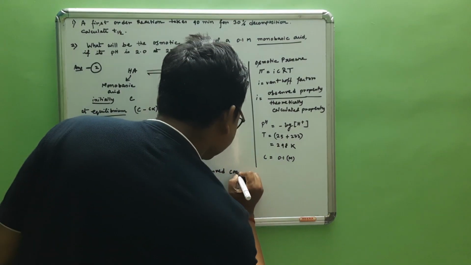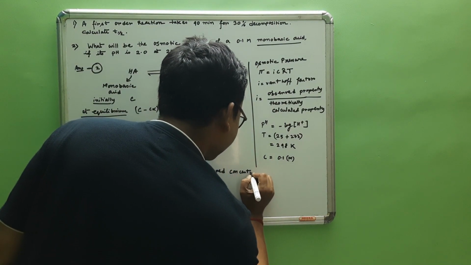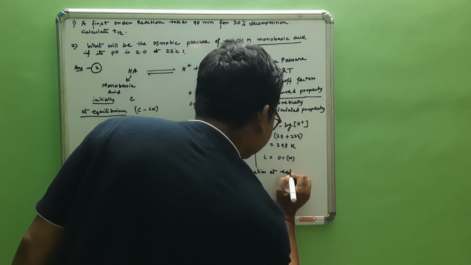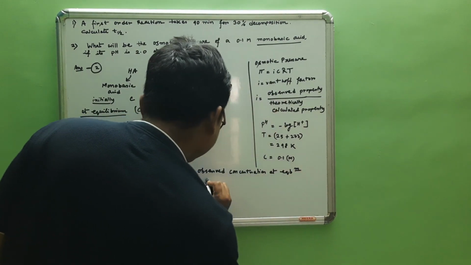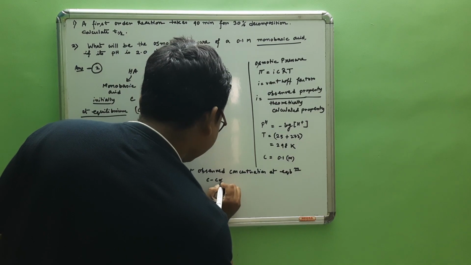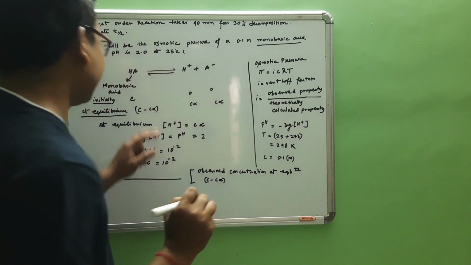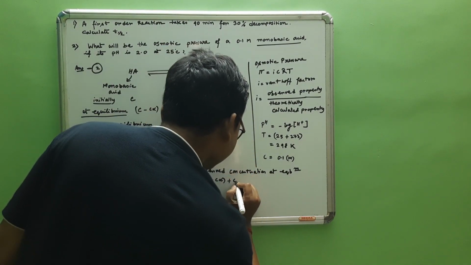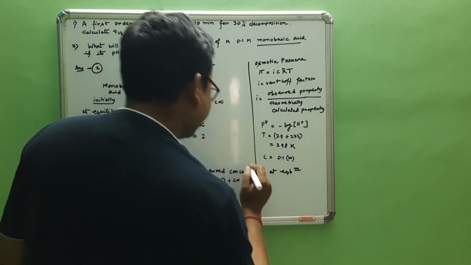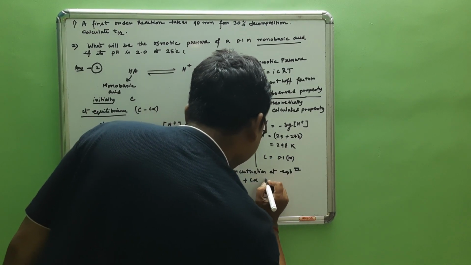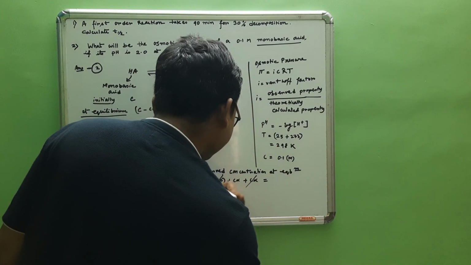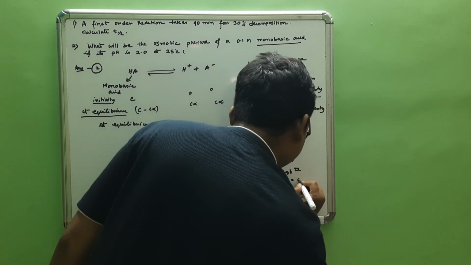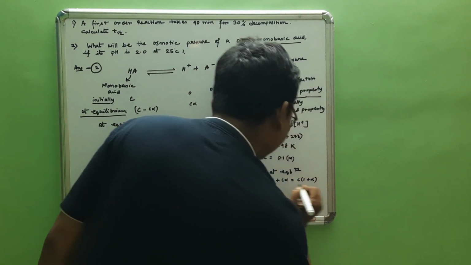The observed concentration at equilibrium is C minus C alpha, that is the concentration of HA, plus the concentration of H plus, that is C alpha, plus the concentration of A minus, that is also C alpha. So the C alpha cancels, and it is only C plus C alpha, C into 1 plus alpha.